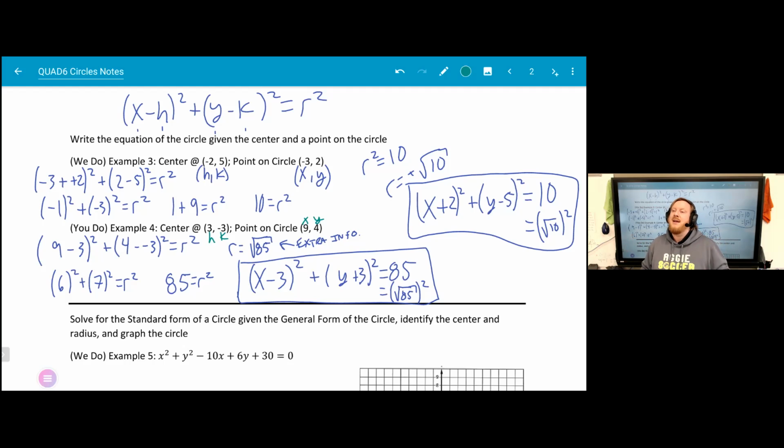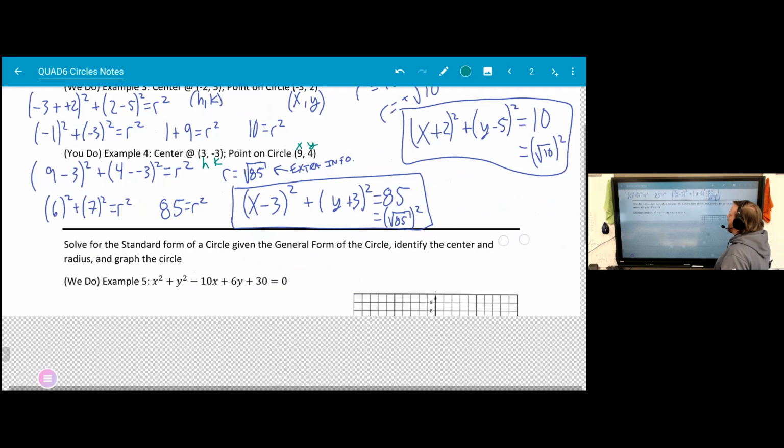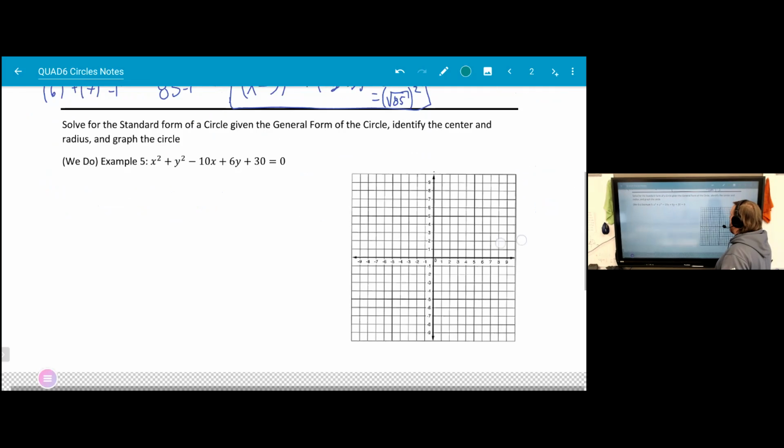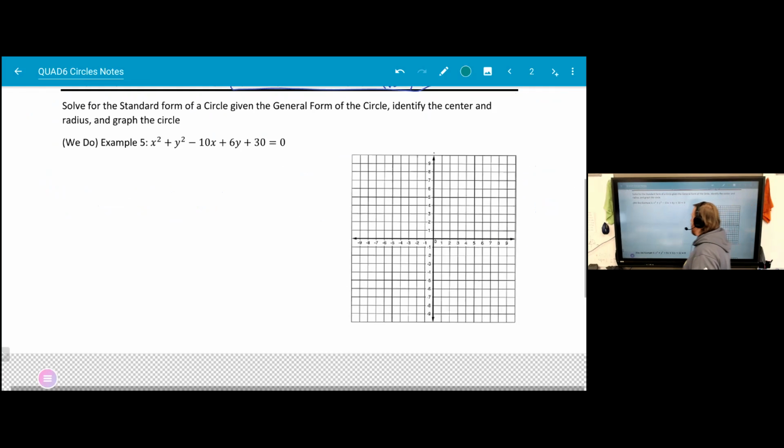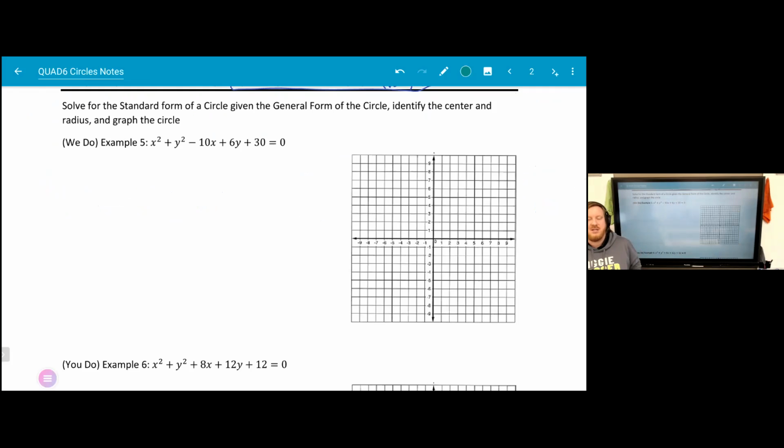Okay. Now we got one more thing to look at here. It says, solve for the standard form of a circle given the general form of the circle. So what we've been working from is the standard form. Right now we're given the general form. We've got x squared plus y squared minus 10x plus 6y plus 30 equals 0.